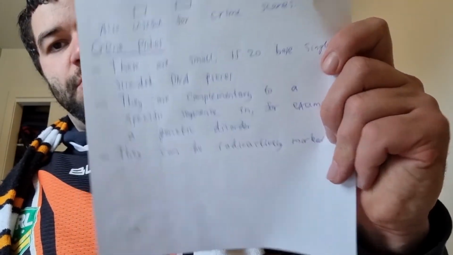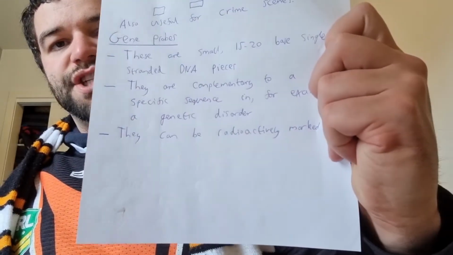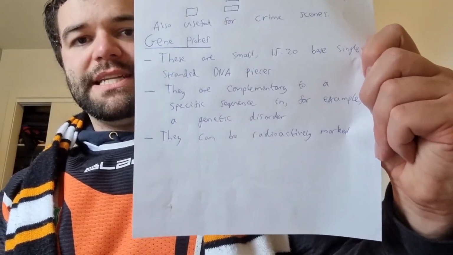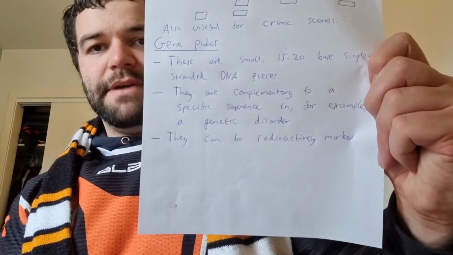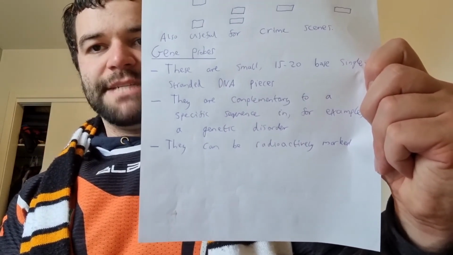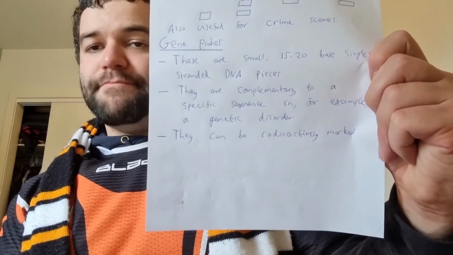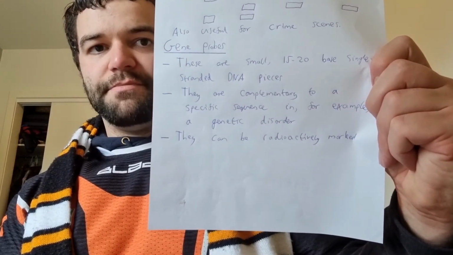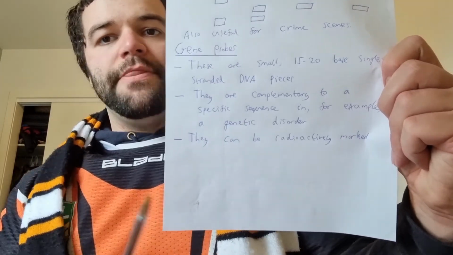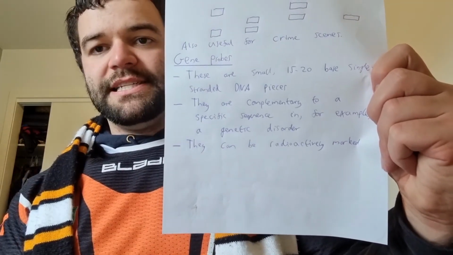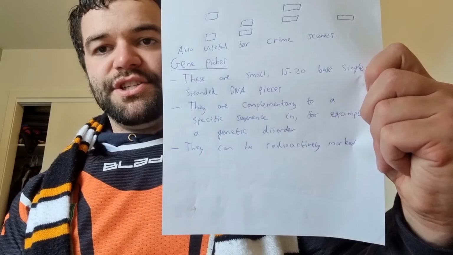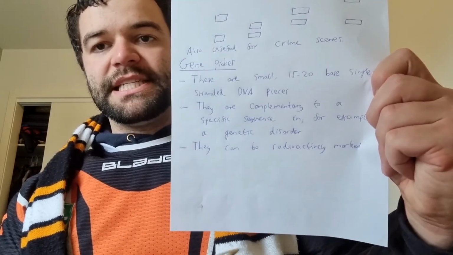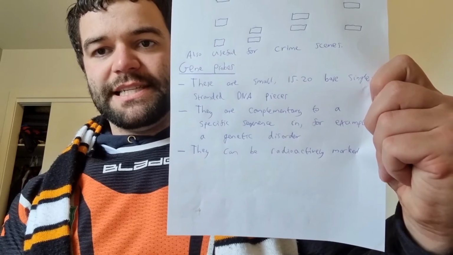Finally, just want to make you aware of the existence of gene probes. A gene probe is a small 15 to 20 base single-stranded DNA piece that is complementary to a specific sequence. And it may be specific to a sequence found in a genetic disorder gene, for example. The way these link into gel electrophoresis is we can do gel electrophoresis on a single stranded bit of DNA, and then we can expose the probe to the process as well.